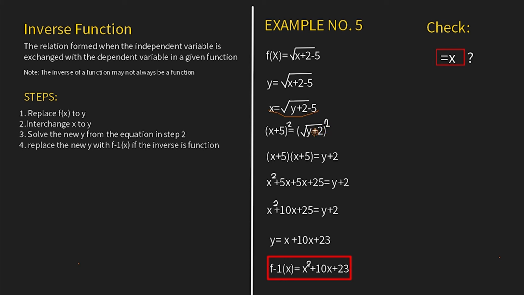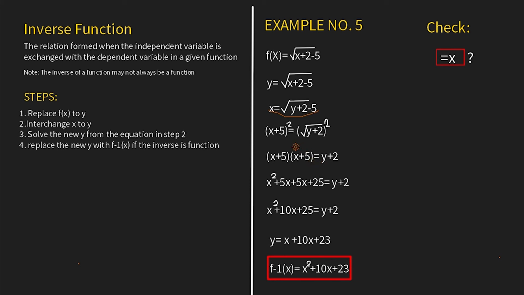So by doing that, we need to take the square of both sides of the equation. So on the left side, we have x plus 5 squared, and on the right, we have square root of y plus 2 squared. Now, x plus 5 is multiplied by itself, and is equal to y plus 2.